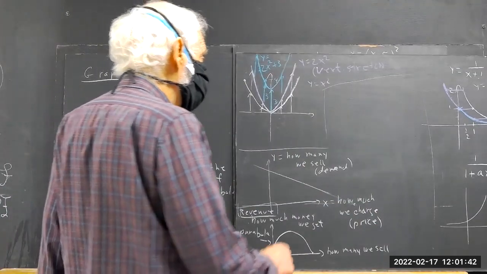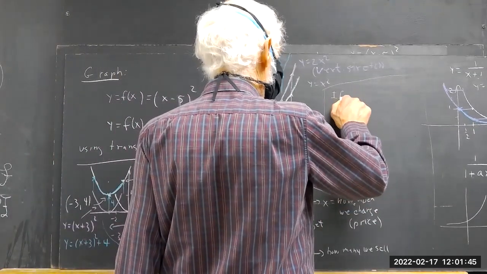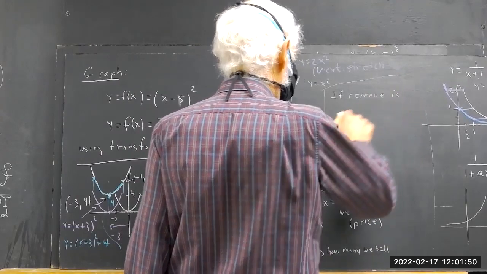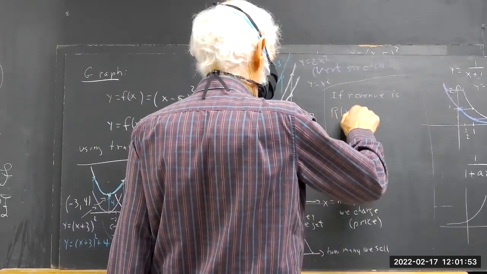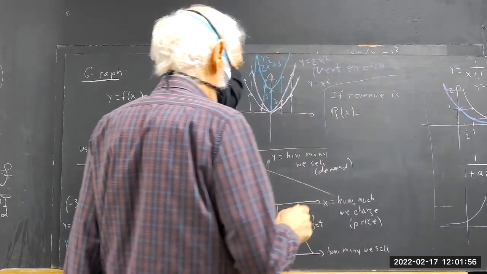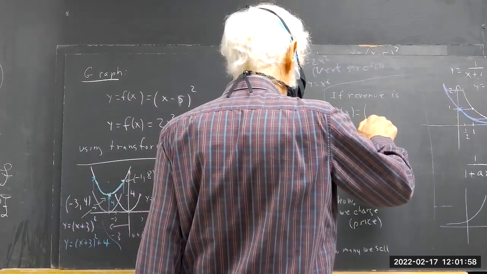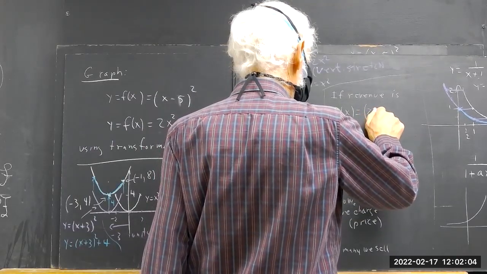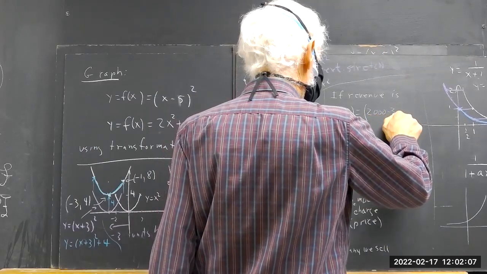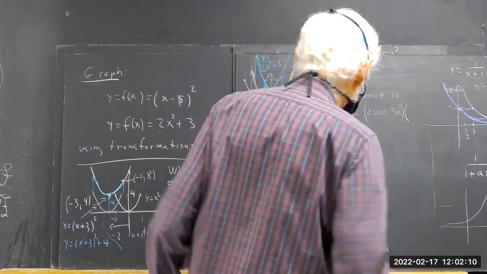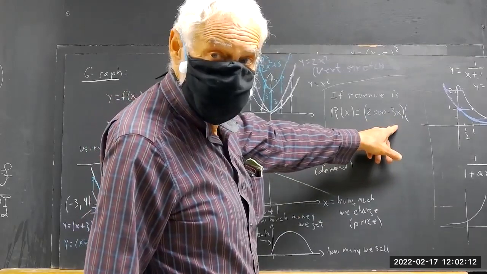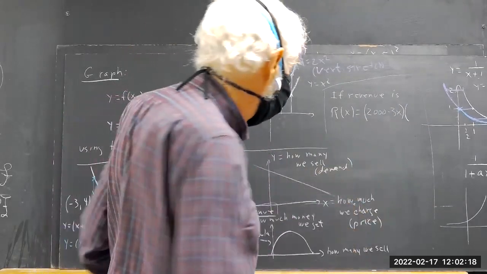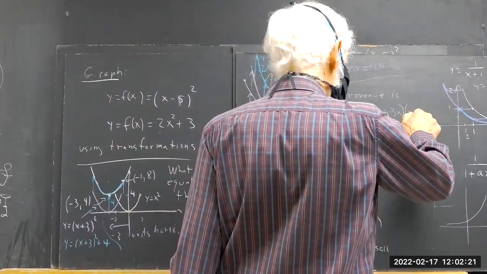So if revenue is 2,000 minus 3x, that would be like this function multiplied by the price you sell it for, which is x.